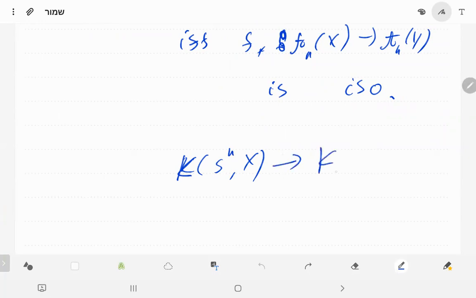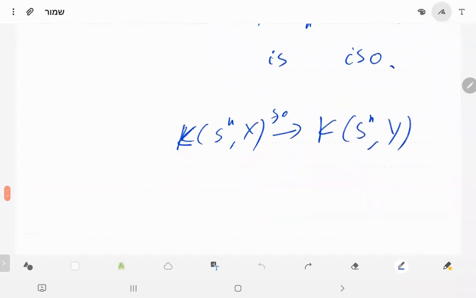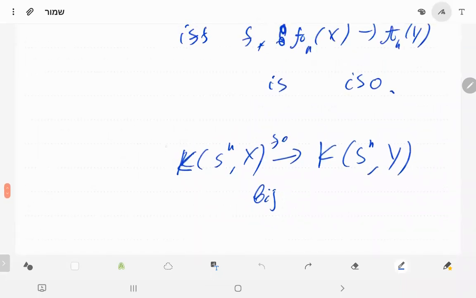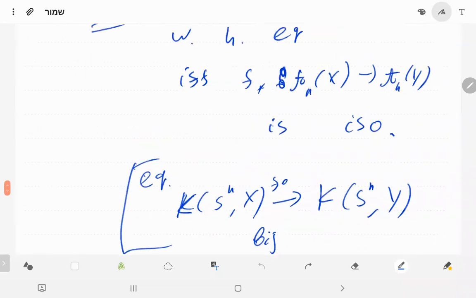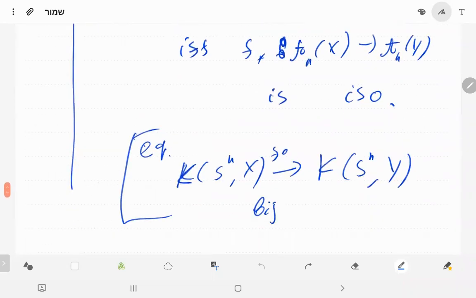And of course, I have a natural map just by composing with F: you first perform this map and then perform F, so you compose to get a map from Sn to Y. I wanted this to be a bijection. So this is a definition, and this is an equivalent way to phrase it.